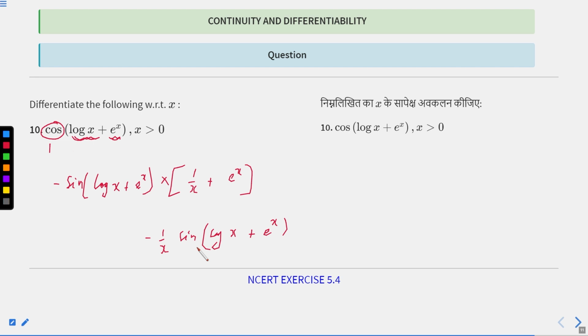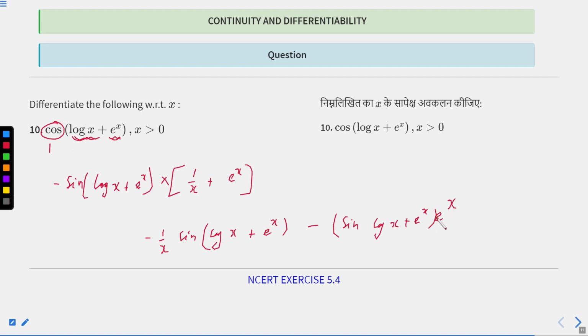Now this can be rewritten. Here we have to multiply it once more, so it will be minus sine log x plus e^x, multiplied with 1 by x plus e^x. That's it. Okay, simple.